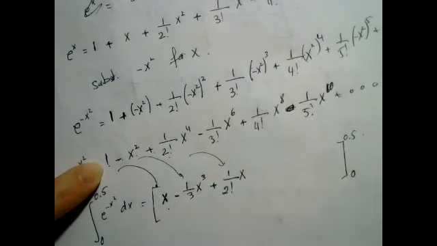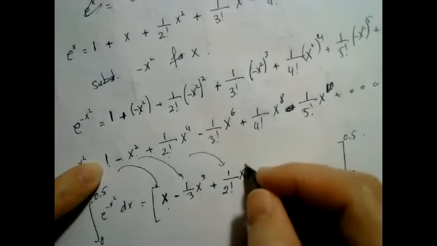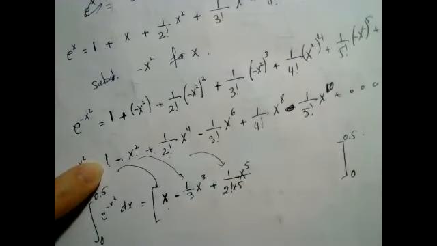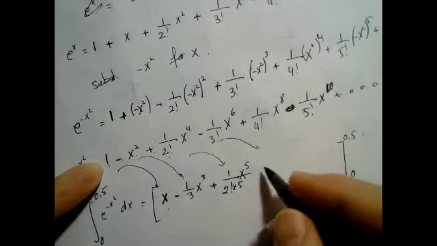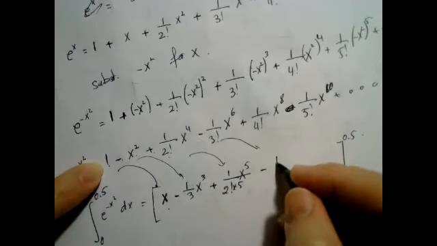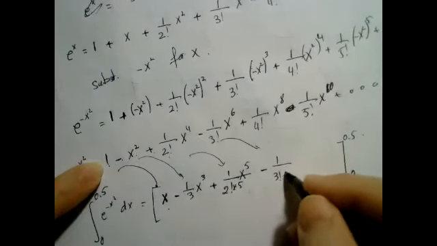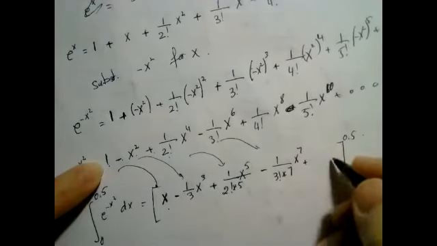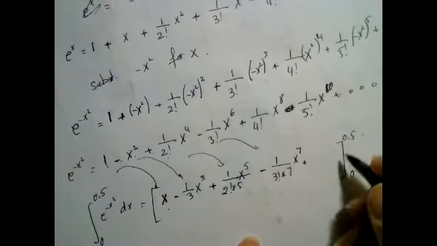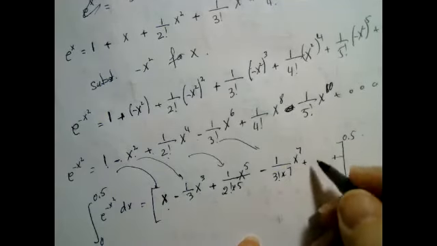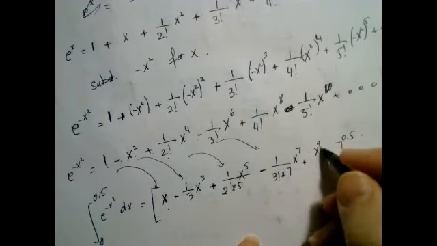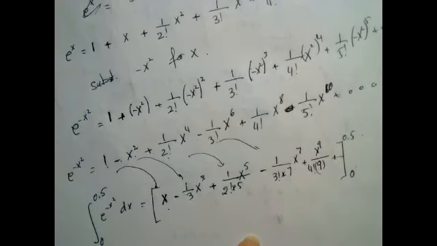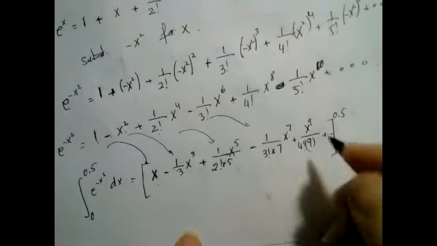Antiderivative of that is 1 over 2 factorial, x^5 over 5. And then the antiderivative of this term is minus 1 over 3 factorial times 7, x to the 7. I will do one more term and I'm going to stop. This is going to give me x^9 over 4 factorial times 9, plus dot dot dot.